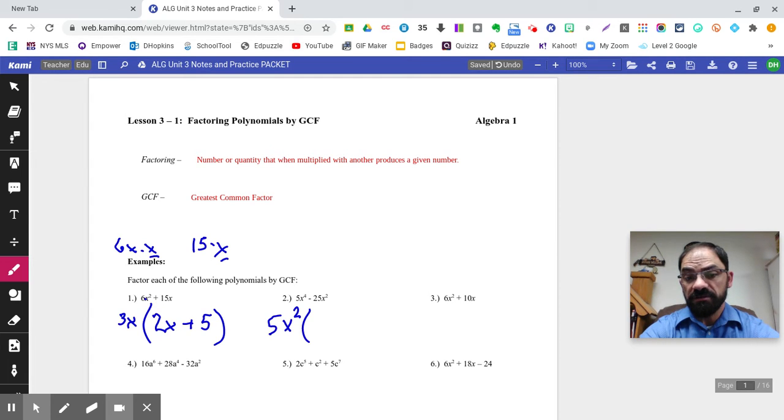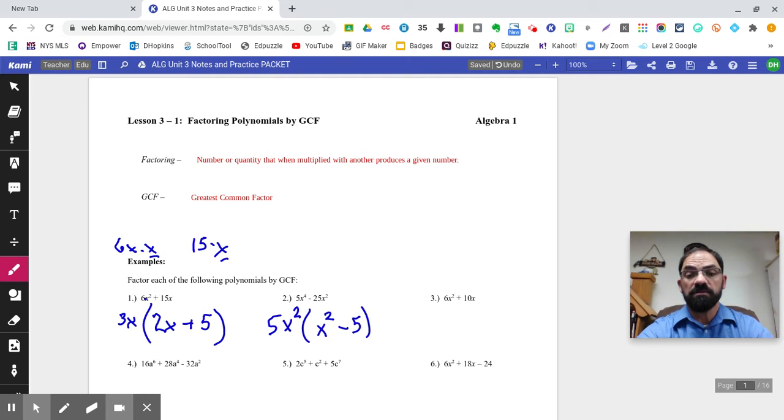If I divide x to the 4th and x squared, remember when you divide exponents, you subtract them. So 4 minus 2 is 2. I can leave a 1 out front, but I don't have to. Bring down the minus sign. 25 divided by 5 is 5. And if I take x squared away from x squared, there's none left. So this is really challenging.